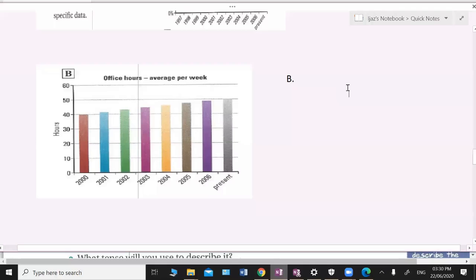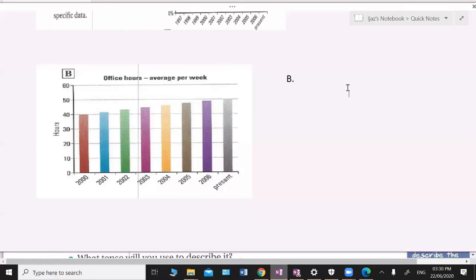It's working. Okay, Anis, thank you. Anis is the first one who has given me the answer. It's a complete graph for the staff of a university, how many hours they can work throughout the year. Mariam says, the graph provides us the information on the changing percentage of our office hours. Very good, Mariam.